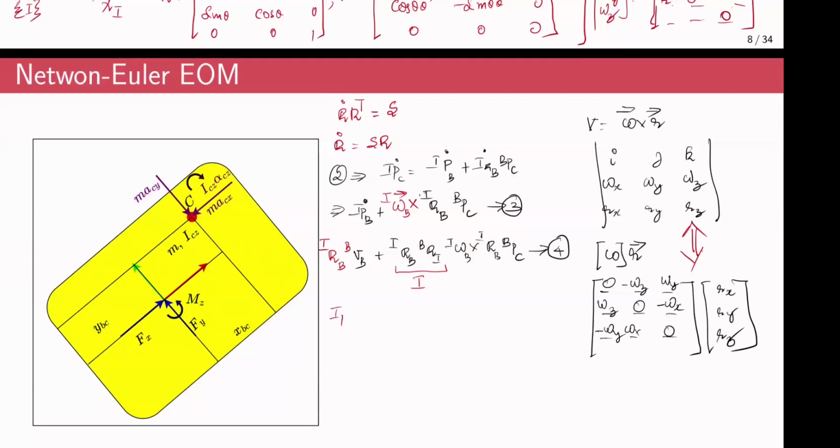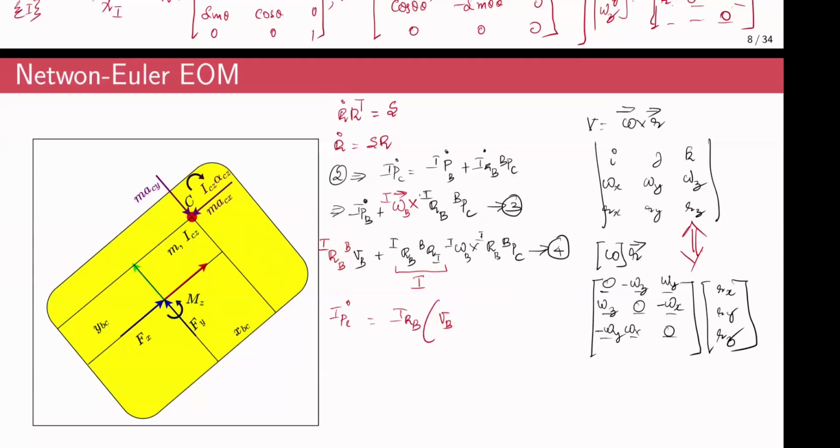IPC dot is nothing but IRB. If I take it as common, then I'll get the velocity of B. Since we are representing the velocity of frame B with respect to its own frame of reference rather than the ith frame, we don't have to write this superscript anymore.